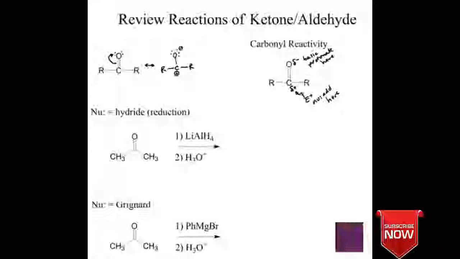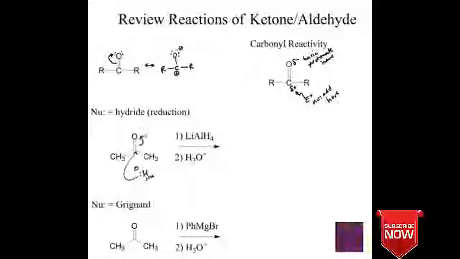So let's review a few examples of these we've seen already for aldehydes and ketones, because then we'll be able to compare that to how it is different when we move into carboxylic acids and other functional groups known as carboxylic acid derivatives. For example, if we have a ketone and we treat it with hydride, something like lithium aluminum hydride, that is a great nucleophile.